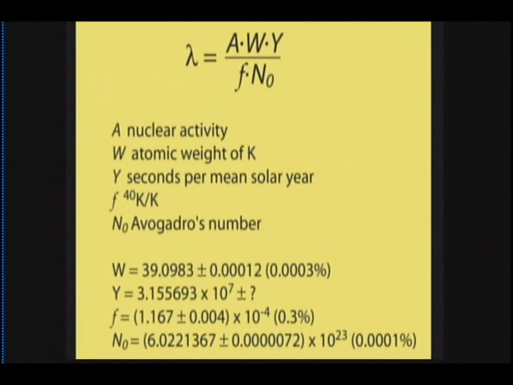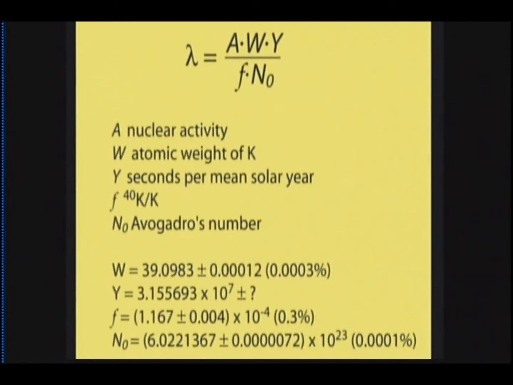Those divided by the ratio of potassium-40 to total potassium, and that's because these measurements are typically done on all potassium, not purified, not just pure potassium-40. So the measurements that are made of the activity are made of natural potassium, which has just a little bit of potassium-40 in it, plus a lot of potassium-39, and a little bit of potassium-41. That's why this ratio is important. And then Avogadro's number.